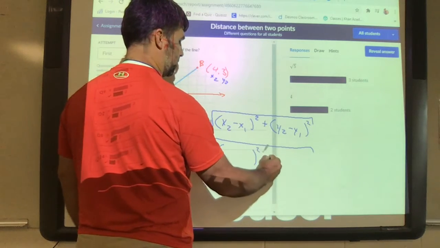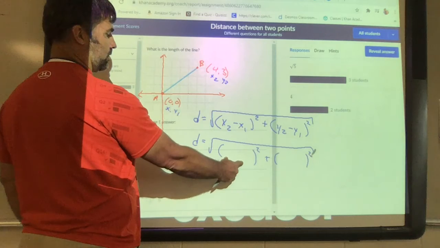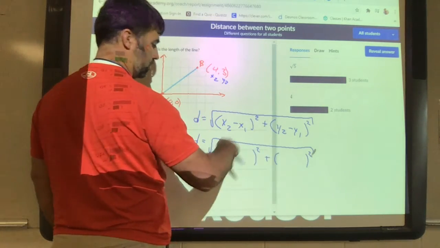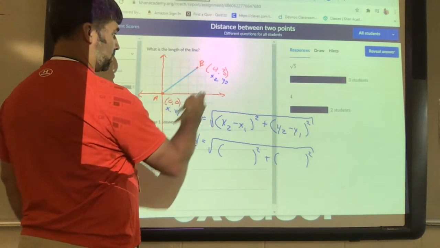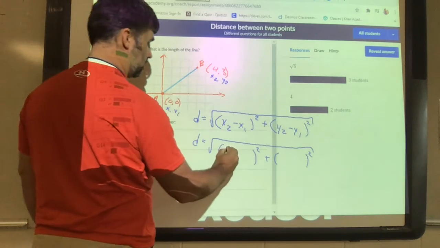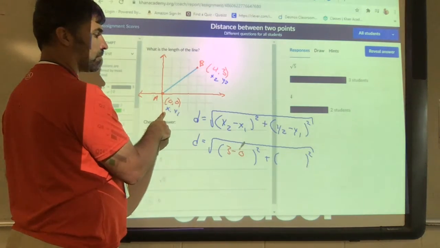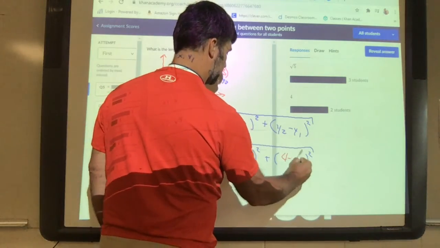So the reason this comes from your Pythagorean theorem is this is going to be whatever your a was. This is going to be whatever your b was. So a squared plus b squared, you square root it. So I got x2 is 3 minus 0. This is why we make that 0, because it's just easier. y2 is 4, and 4 minus 0.